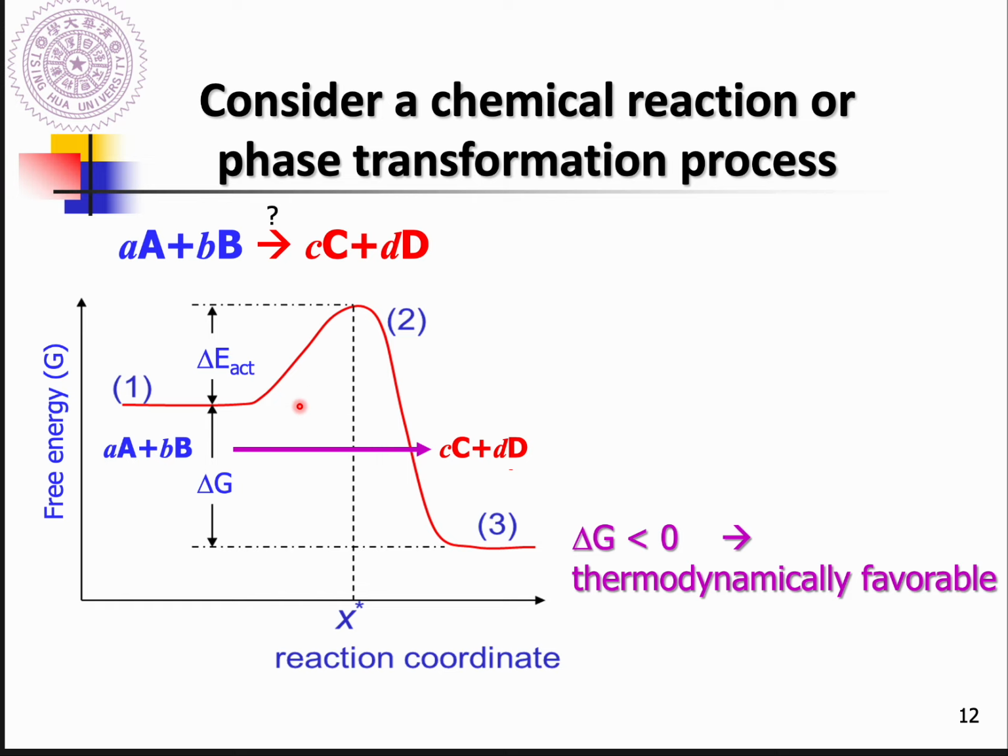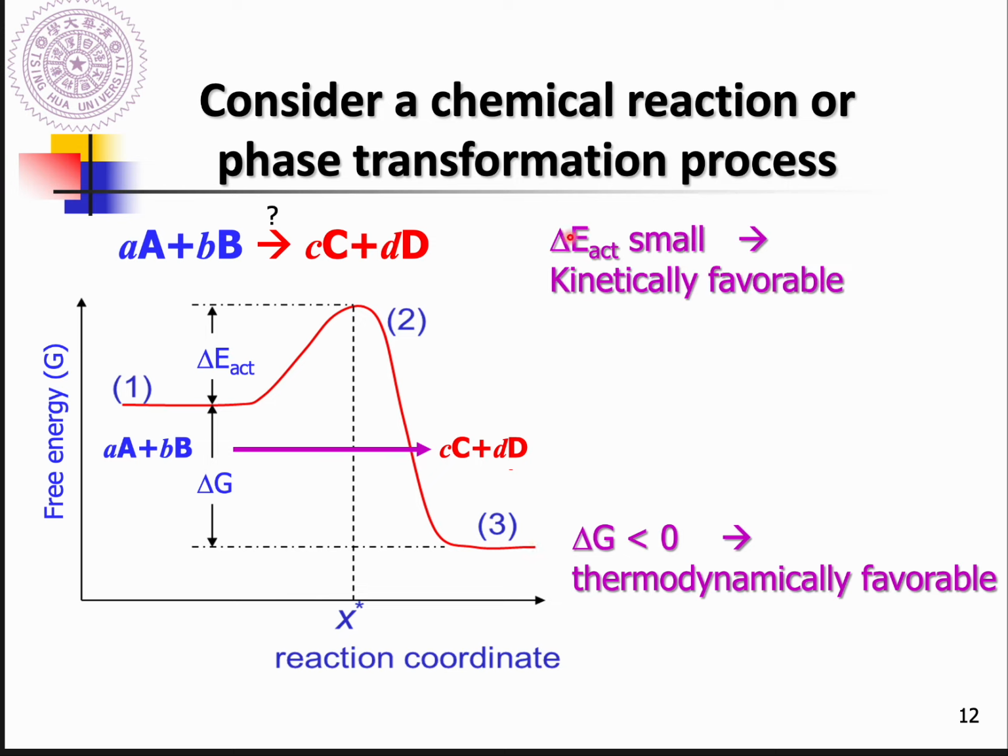What dominates the rate is the energy barrier at stage 2 here. This is the energy barrier, and some people call it the activation energy. As long as the reactants have sufficient energy to overcome this energy barrier, we can have a product.